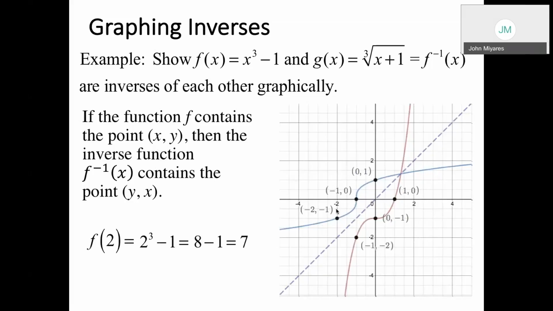And then if you took g of 7, that would turn into the cube root of 7 plus 1, or the cube root of 8, which equals 2. That tells me here that you're going to find the point (2, 7) on the graph of f, and its mirror image, the point (7, 2), will be on the graph of g.